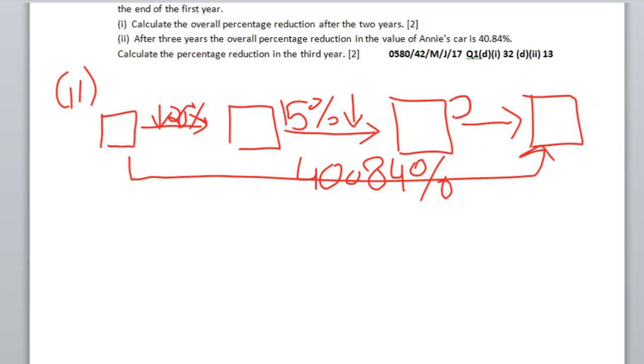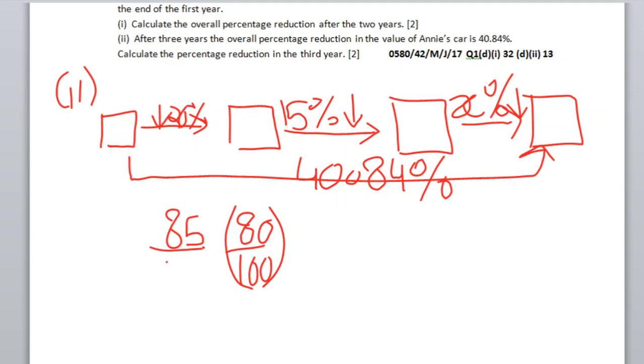So we need the percentage reduction in the third year. We'll call that X. At the end of the first year the percentage reduction was 20%, so we're left with 80% of the initial value. Then the percentage reduction in the second year was 15%, which means we're left with 85%.